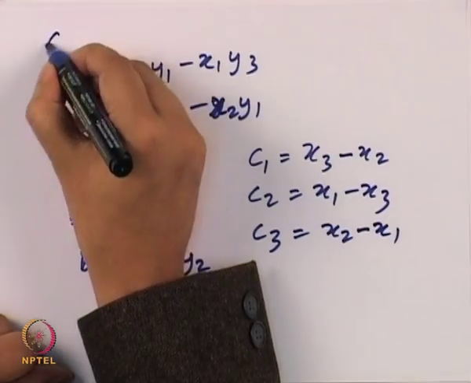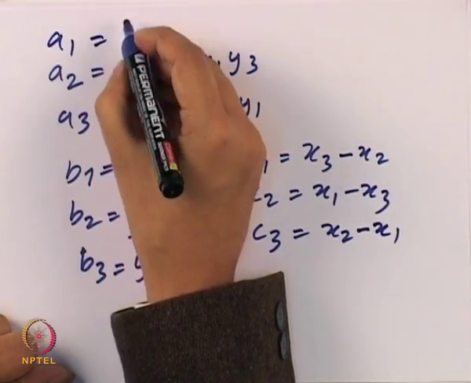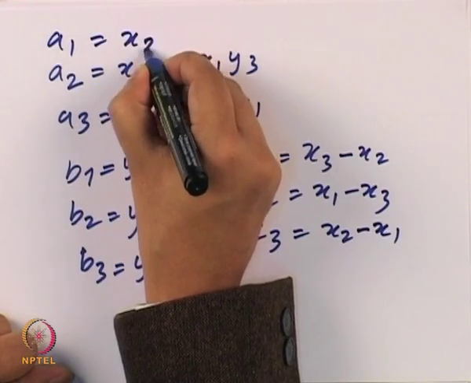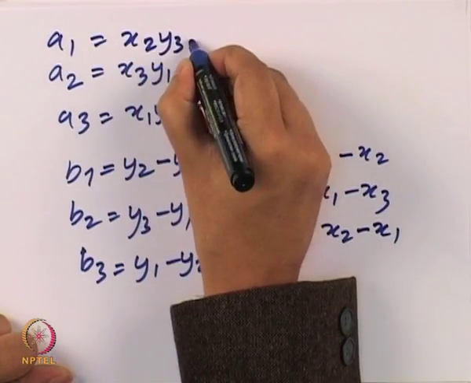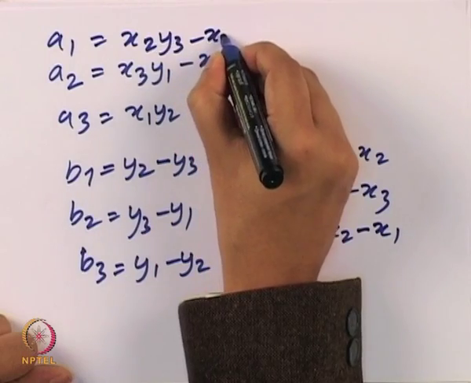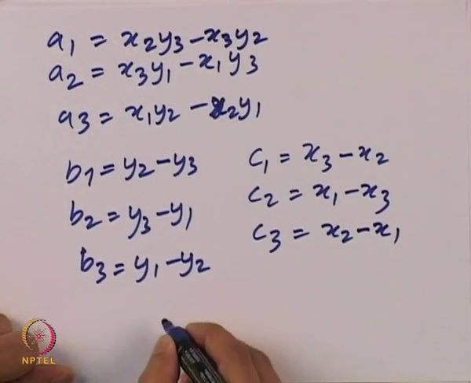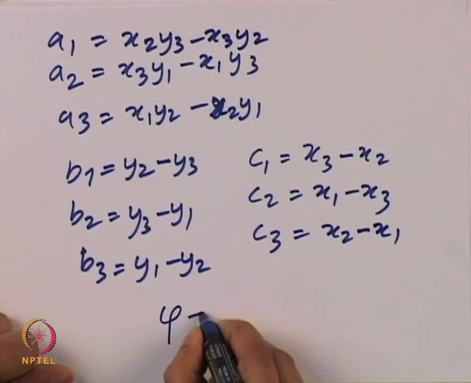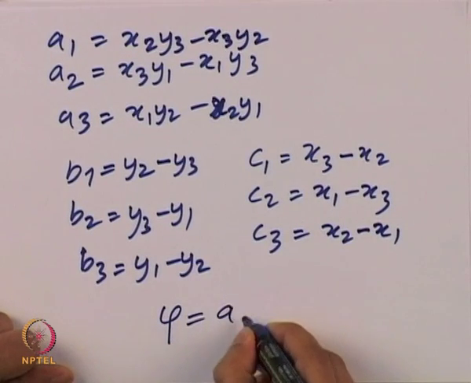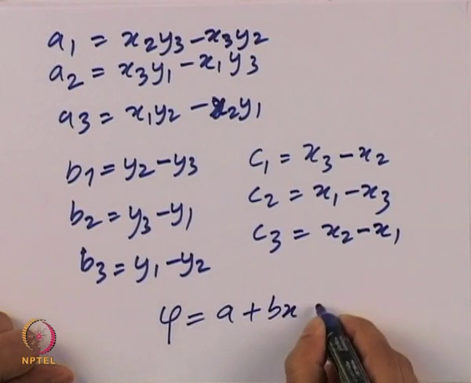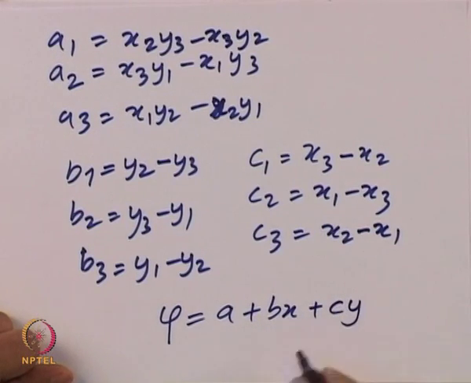So let me also write it for A1 in one sheet, so it will be easy for you to get a grasp of it. So this is based on our assumption that the function is going to have a value a plus bx plus cy.